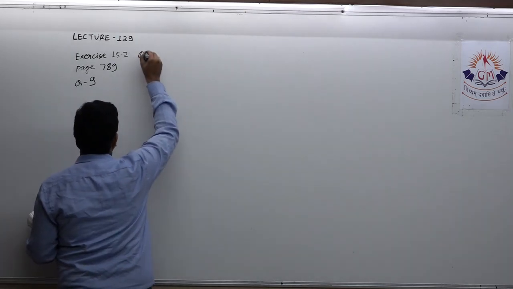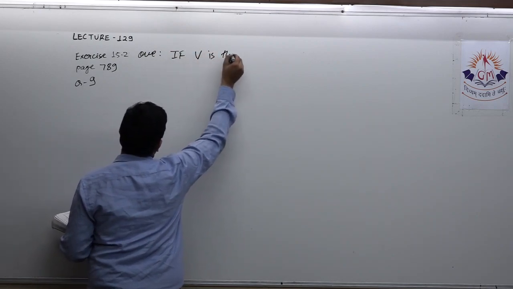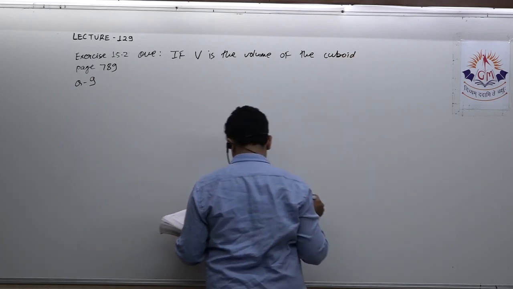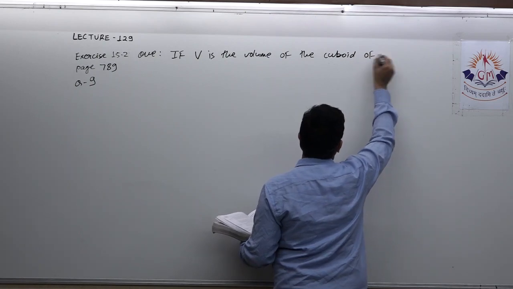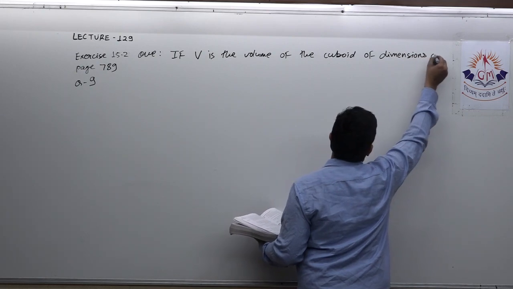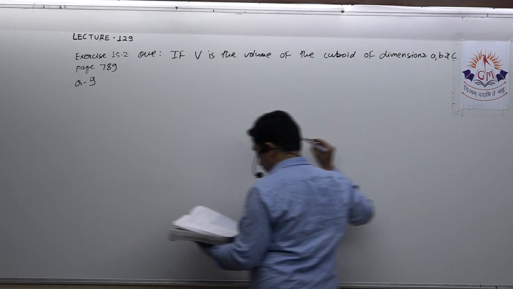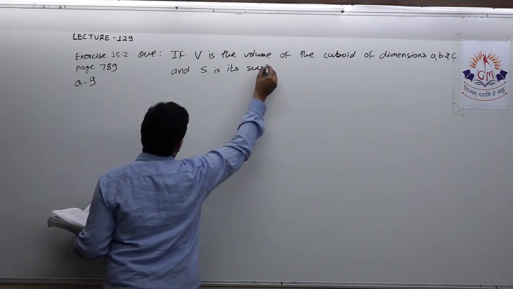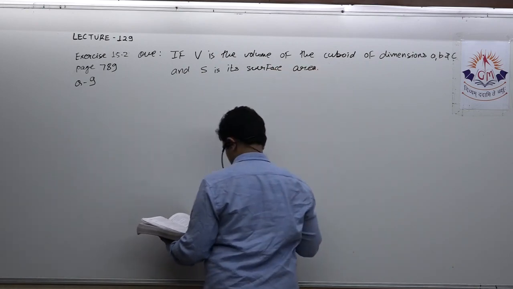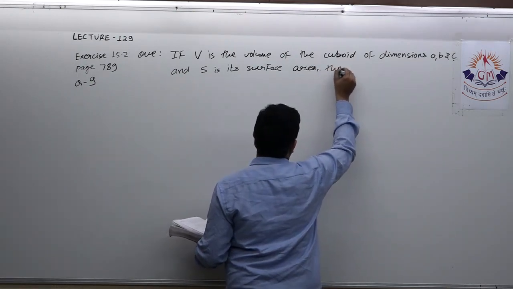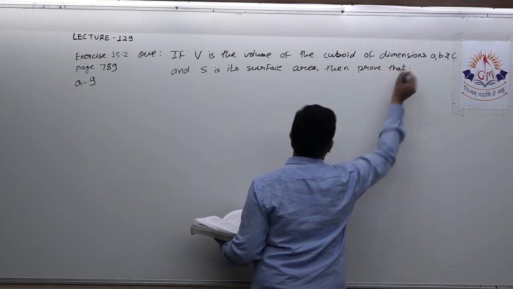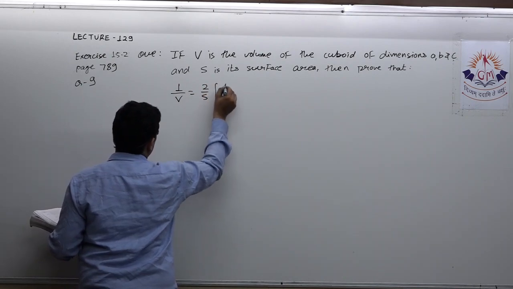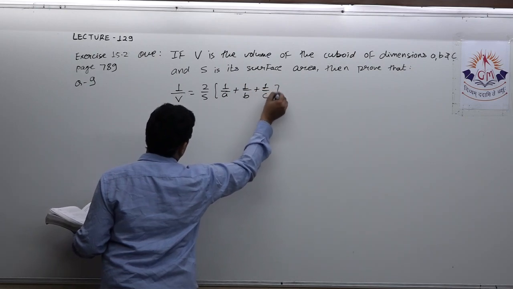If V is the volume of a cuboid of dimensions A, B and C, and S is its surface area, then prove that 1 upon V is equal to 2 upon S, times 1 upon A plus 1 upon B plus 1 upon C.